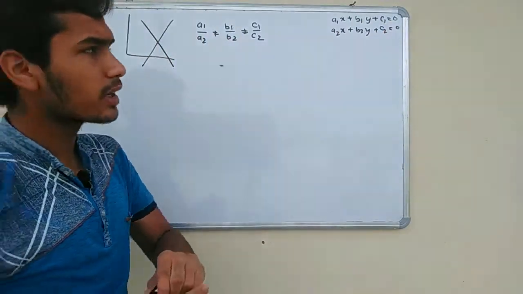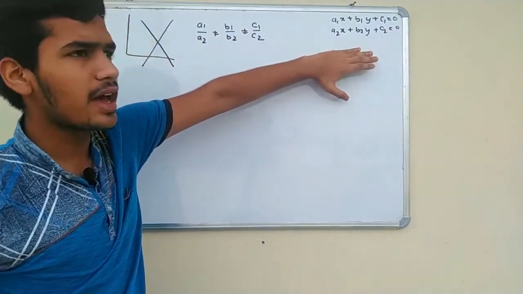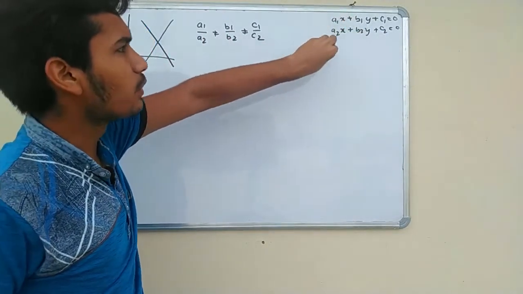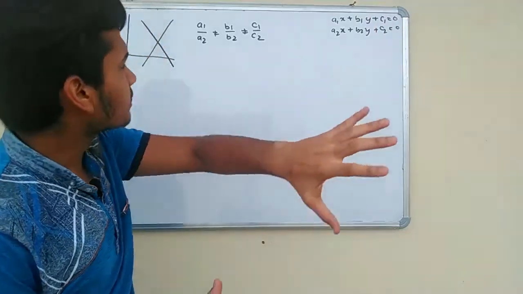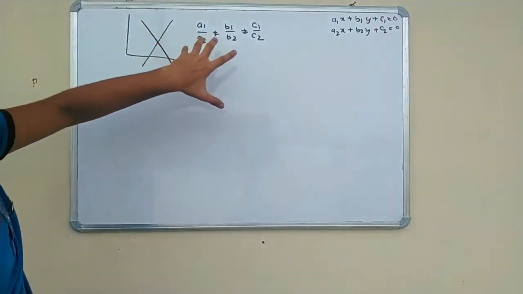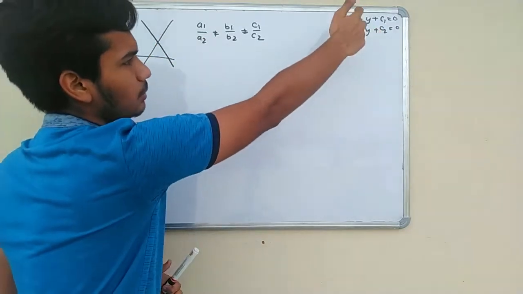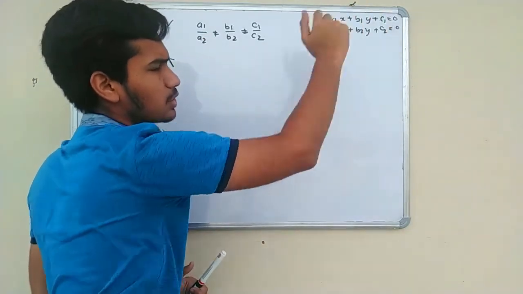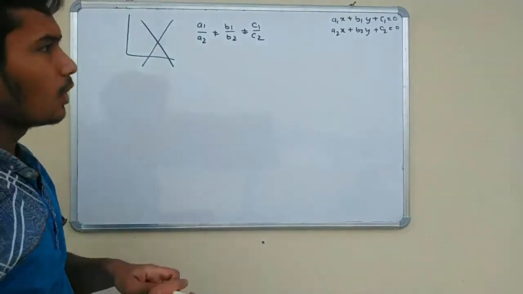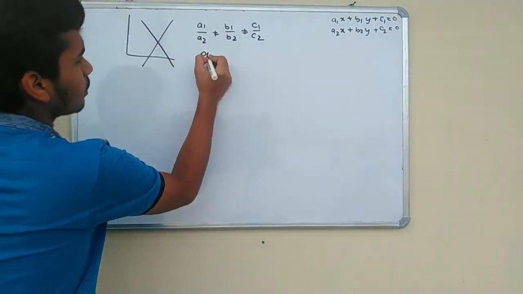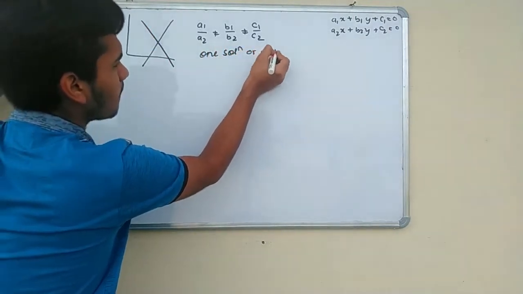So if you are given any linear equation in two variables in this form, then by observing the coefficients of x, y and the constant term, you can tell whether the lines are intersecting. If the ratio of a1 and a2 is not equal to the ratio of b1 and b2, which is not equal to the ratio of c1 and c2, then these lines are intersecting lines, or we can say they have one solution or a unique solution.